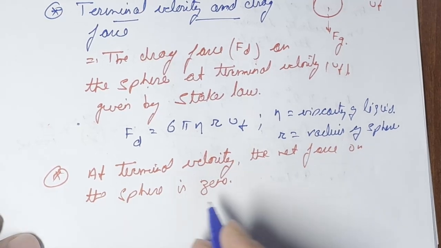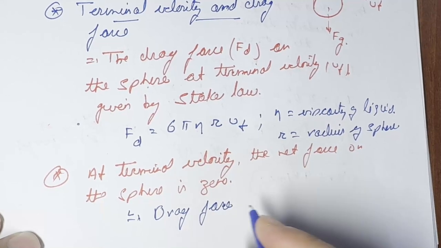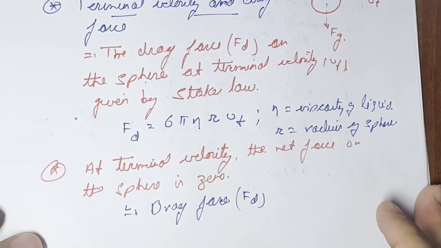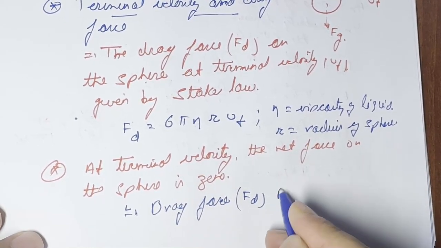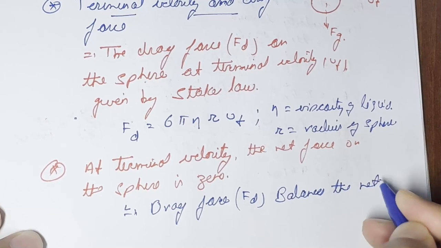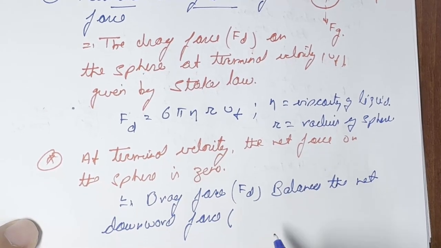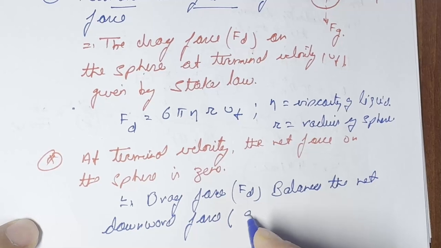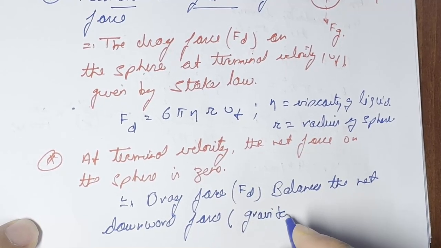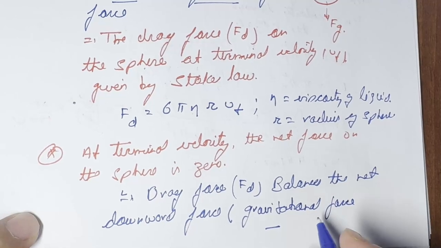So it means we can write that the drag force Fd balances the net downward force, and this net downward force is our gravitational force minus buoyant force.